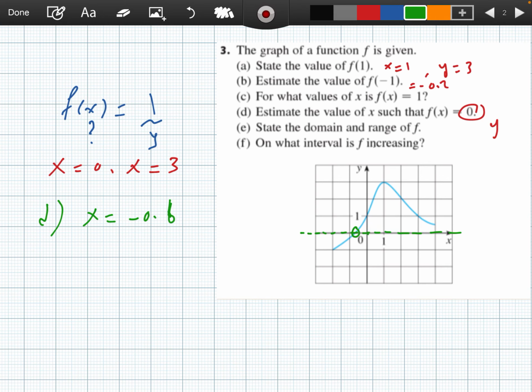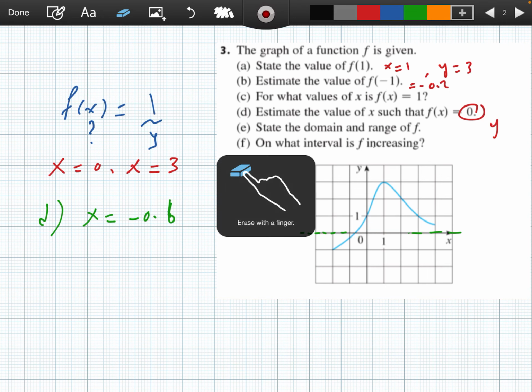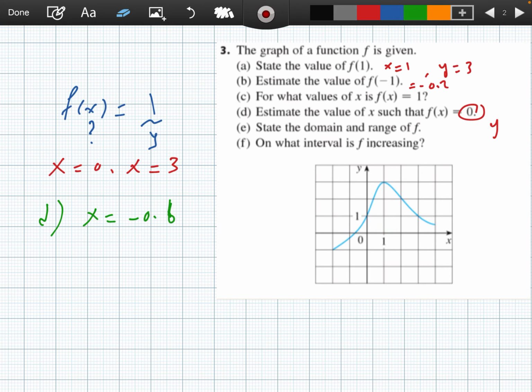Part E, state the domain and range of f. A domain is defined as the set of values of x. The start of this graph is here and it ends here. So the value here is -2 and the value here along the x-axis is 4. So the domain is the closed interval from -2 to 4.